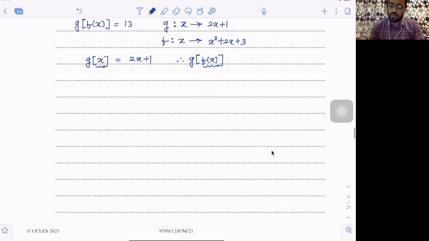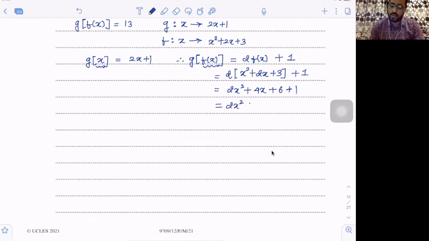So g of f of x becomes 2 times f of x plus 1. Very simple, right? So this becomes 2 times (x square plus 2x plus 3) plus 1. That becomes 2x square plus 4x plus 6 plus 1, or 2x square plus 4x plus 7. That's g of f of x.